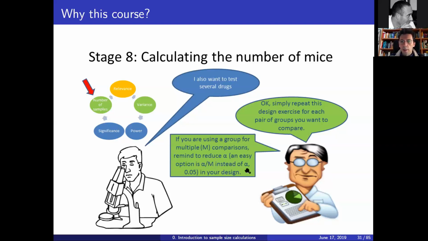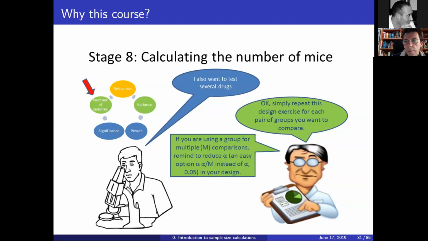So if you're doing 100, 5% divided by 100, your new type 1 error would be 5 times 10 to the power minus 4. So what you want to keep is the alpha probability family-wise. So in this family of 100 comparisons, I want to have a family error that is only 5%.